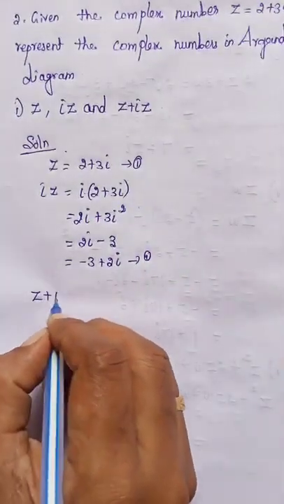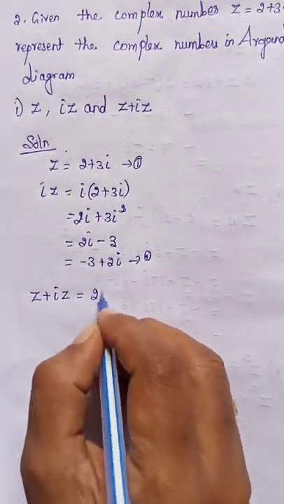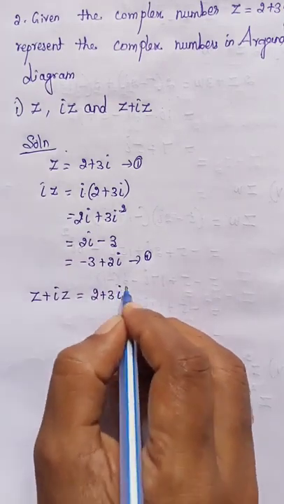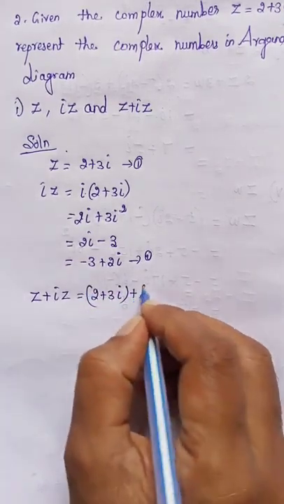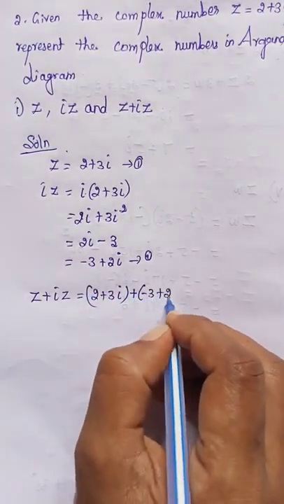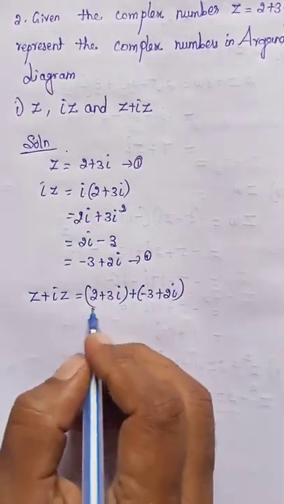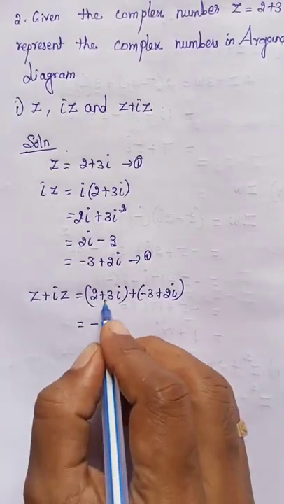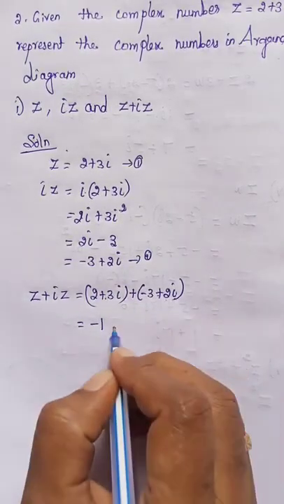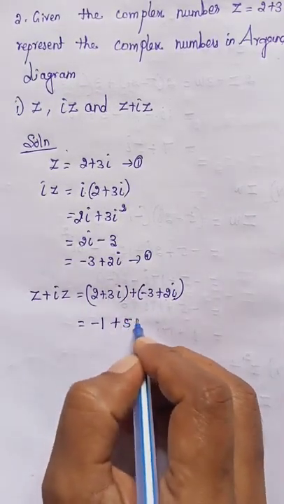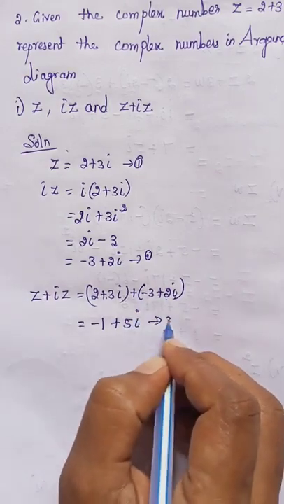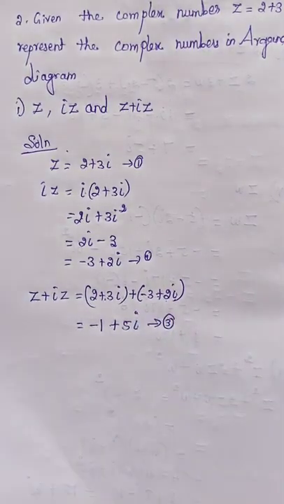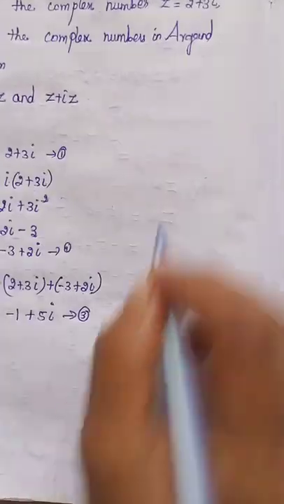Then Z plus iZ. Z is 2 plus 3i plus iZ is minus 3 plus 2i. Add it: 2 minus 3, that is minus 1, plus 3i plus 2i, that is plus 5i. This is 3. These 3 we have to mark in the Argand diagram.